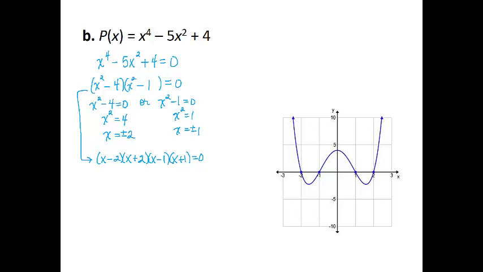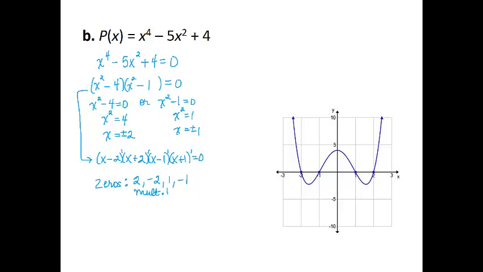But notice that we do get 4 distinct zeros. Our zeros are 2, negative 2, 1, and negative 1. When you have 4 distinct zeros and the degree is 4, they each have to have a multiplicity of 1. It's only when the number of zeros is actually less than the degree that you have some repeated multiplicities. So each of these has multiplicity 1, and we can see that because each factor where those zeros came from is raised to the 1.